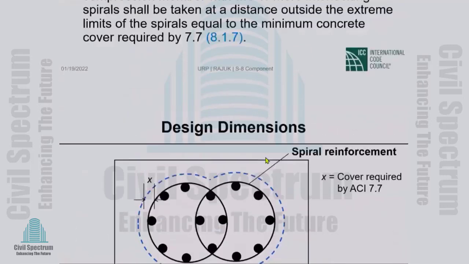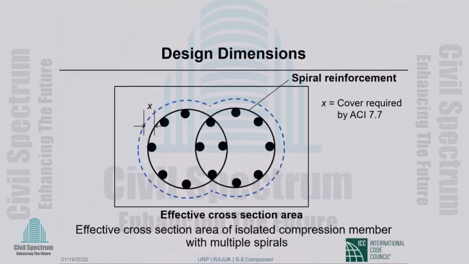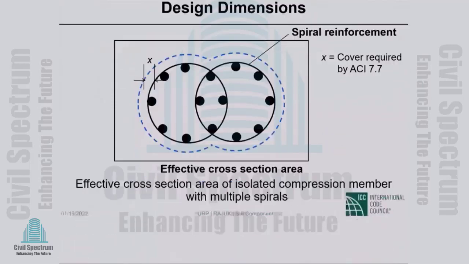Okay, so maybe after seeing that, outer limits of the effective cross-section of a compression member with two or more interlocking spirals shall be taken as at a distance outside the extreme limits of the spirals equal to the minimum concrete cover required by 7.7. Okay, so that is the minimum cover that the text was talking about.